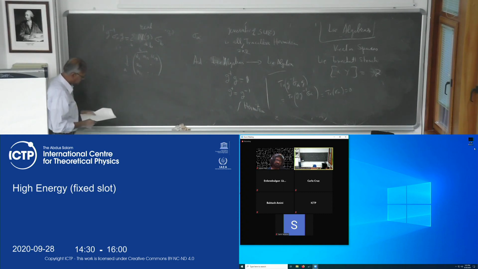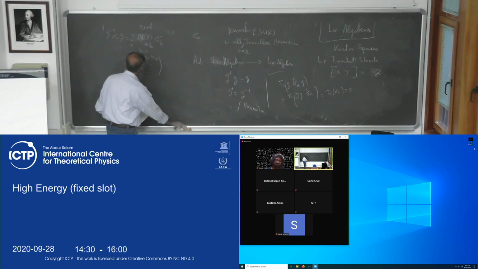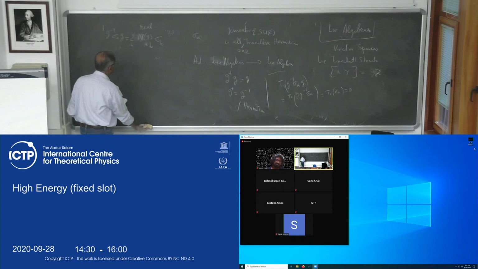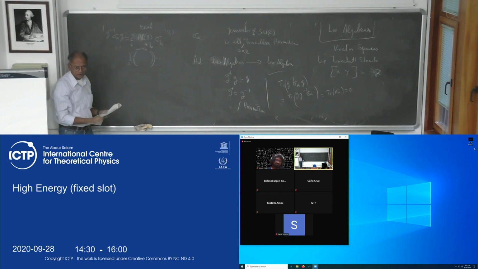Okay, now, so we want to, let's see, the statement that we want to prove is the following: this matrix N, viewed this way as a 3 by 3 matrix, with A going this way. It doesn't matter whether you put A there and B here, because after all, it will be a transpose.